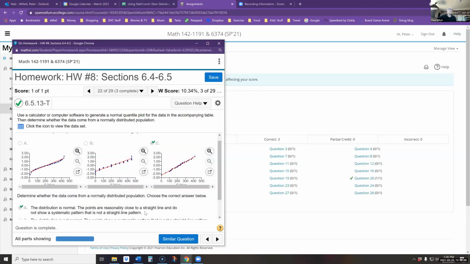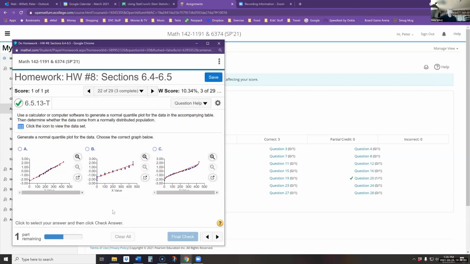All right, so in this case, there's a little bit more to look at. Similar question here. It says, use a calculator or computer software to generate a normal quantile plot for the data in the accompanying table. Then determine whether the data come from a normally distributed population. So we have to pick from, it looks like, 3 choices here.